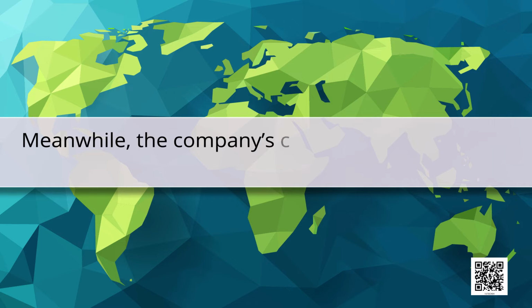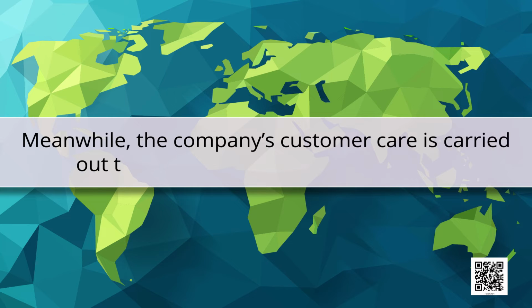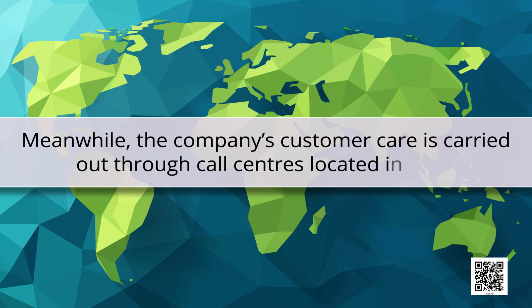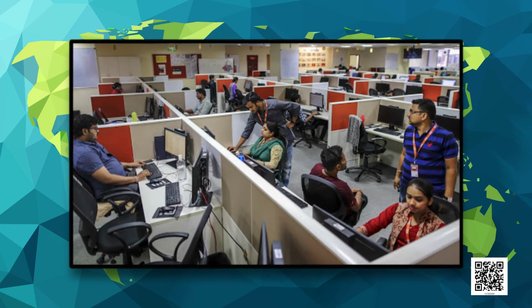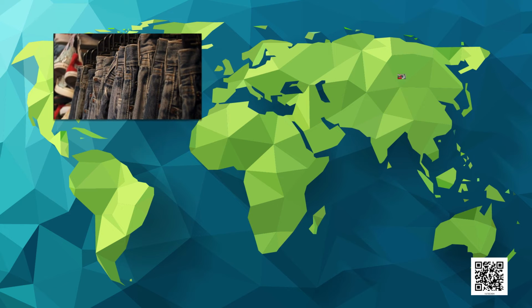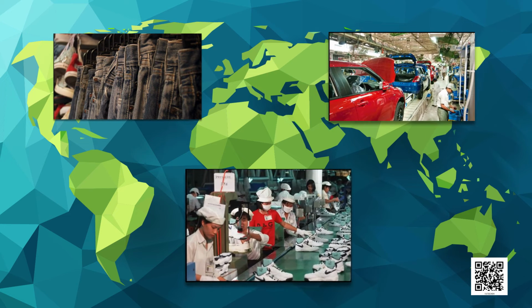Meanwhile, the company's customer care is carried out through call centers located in India. This is a call center in Bangalore, equipped with telecom facilities and access to internet to provide information and support to the customers abroad. In this example, the MNC is not only selling its finished products globally, but more important, the goods and the services are produced globally.